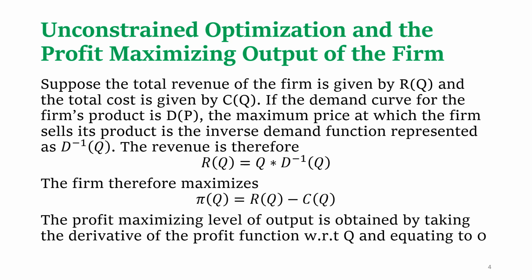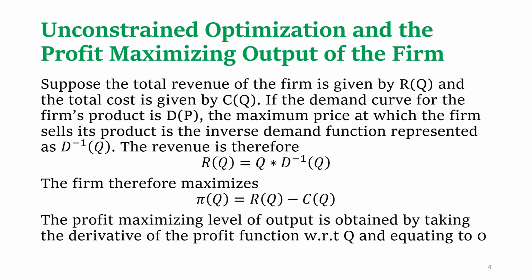The profit maximizing level of output is obtained by taking the derivative of the profit function with respect to quantity and equating that to 0. Equating that to 0 becomes the first order derivative, and that is the necessary condition for profit maximization.